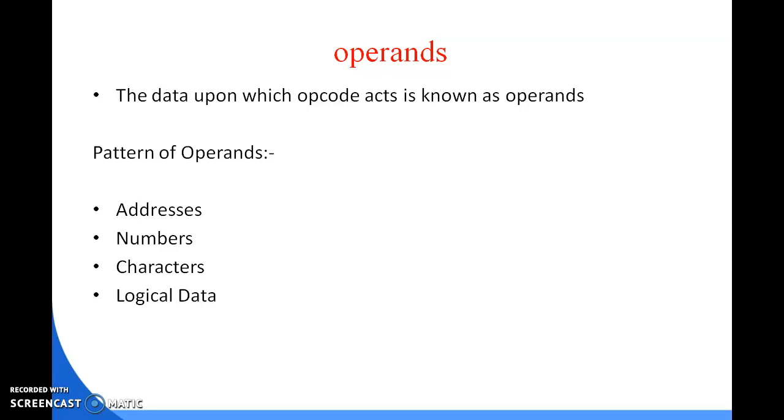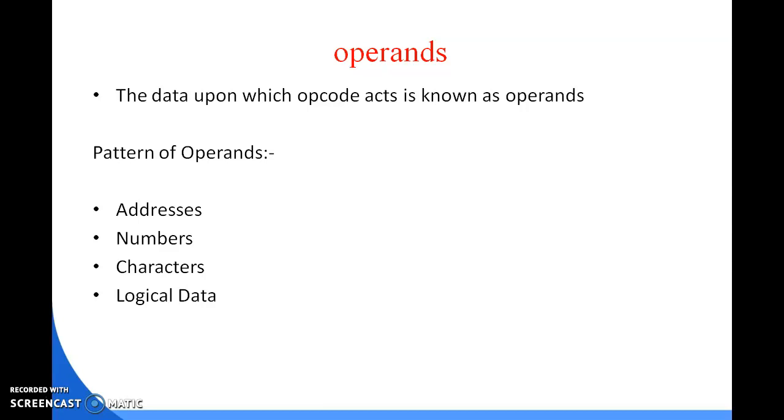Next we come to the operand, because every instruction is dependent upon operands. What is an operand? Suppose A plus B: plus is the instruction or operator, and A and B are the operands, which are affected by the operator. Clear?